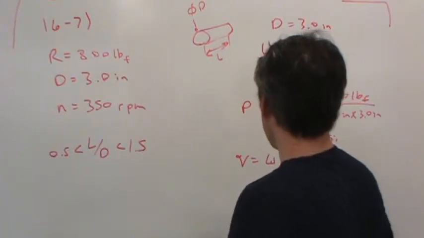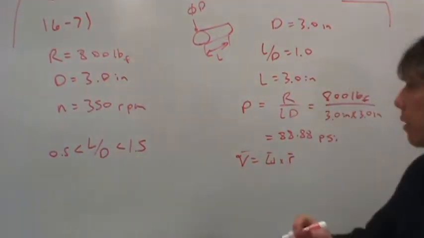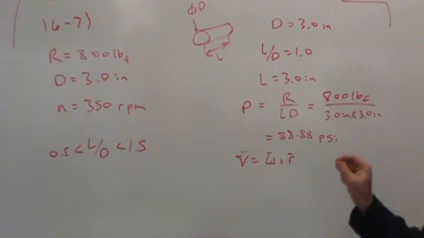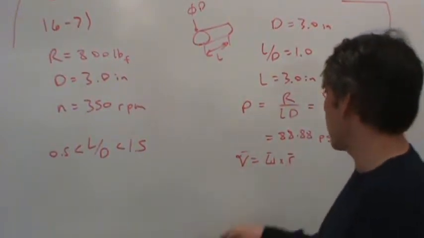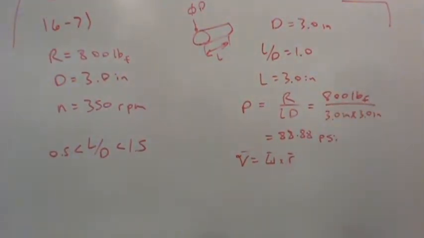I don't know if you guys remember that from dynamics, but if you have the radial distance from the center of rotation out to the point where you're interested in the velocity, you cross that with the angular speed in radians per second, you'll get the tangential velocity.